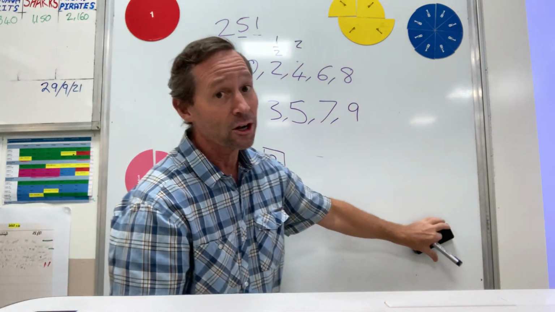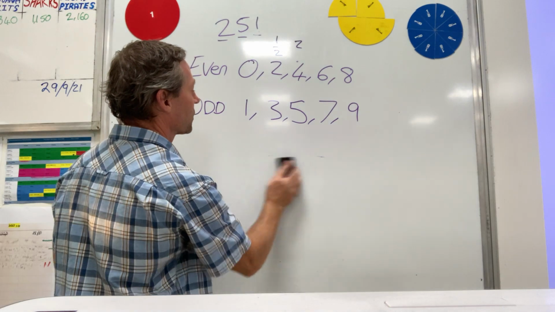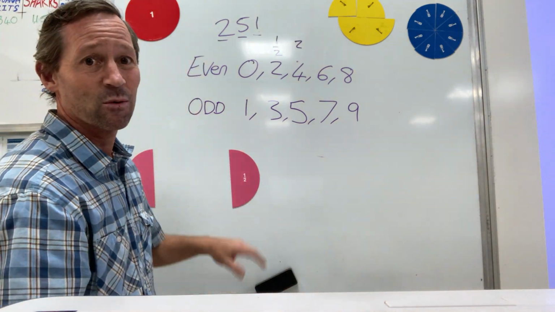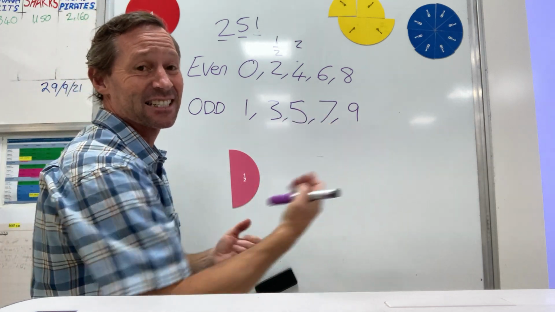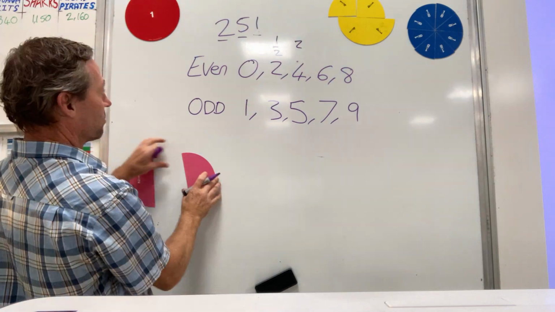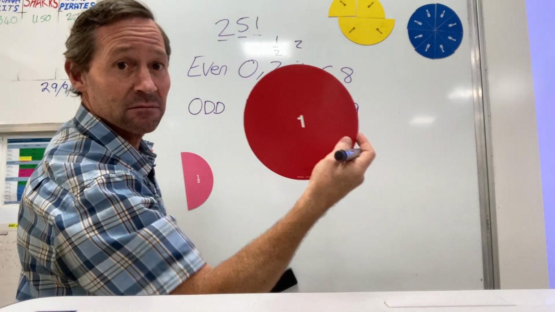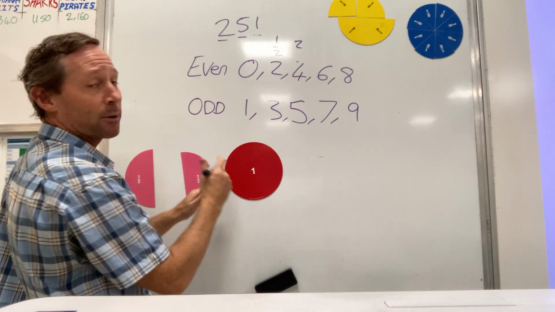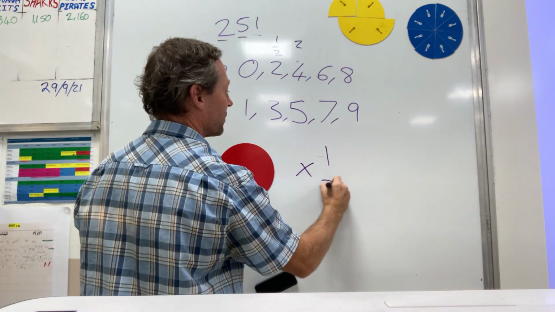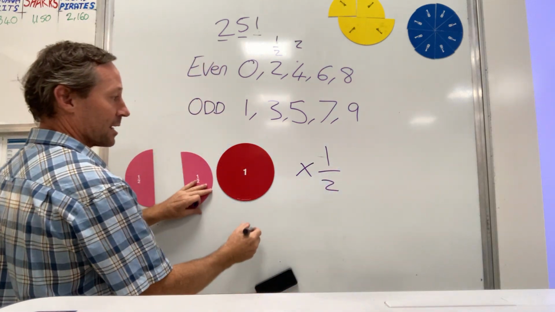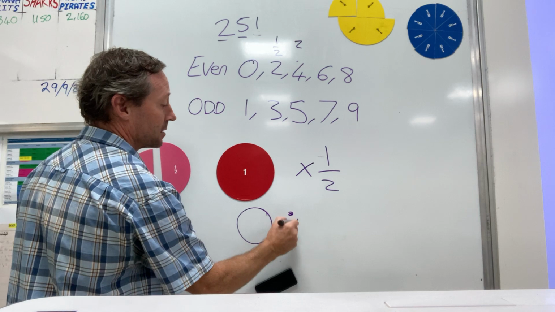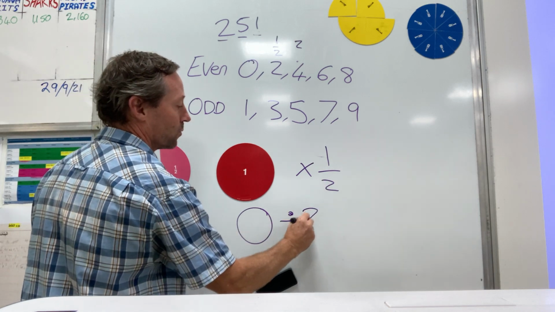When I divide odd numbers by 2, I'm going to end up with a whole number and some bits left over. So at the moment, let's say we've got one whole pizza, and I'm going to either times it by a half, or I could say 1 whole pizza divided by 2.